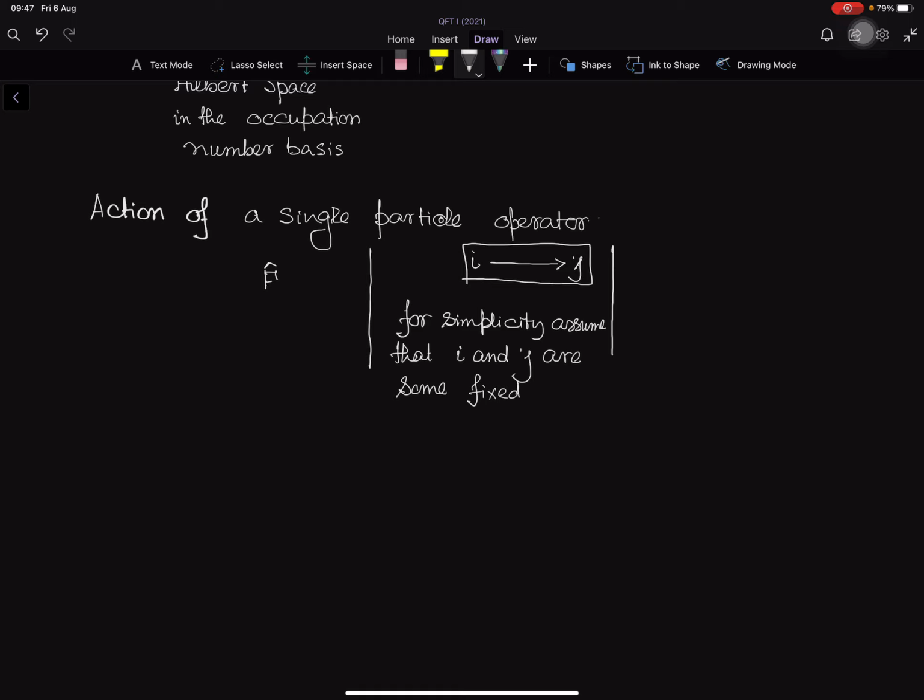Later we can relax this condition, because we will see that in the final result we can always do the summation over i and j.